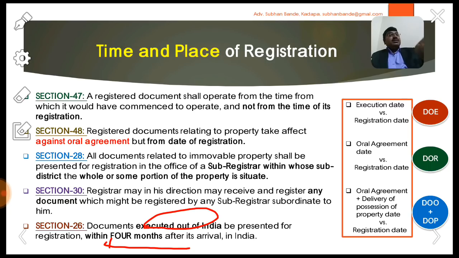The document is executed in France on 1st February 2017.